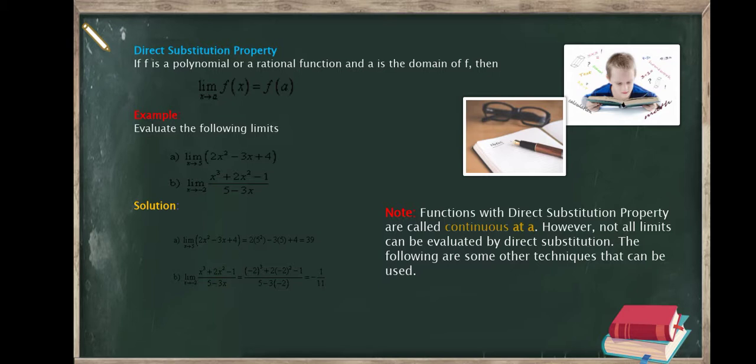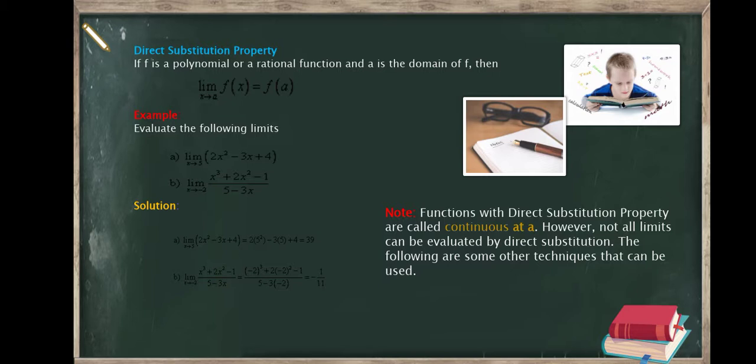Then the limit of f of x as x approaches a equals f of a. For example, letter A, the limit of 2x squared minus 3x plus 4 as x approaches 5. We simply substitute the value of x, which is 5. That will give us the answer, which is equal to 39.